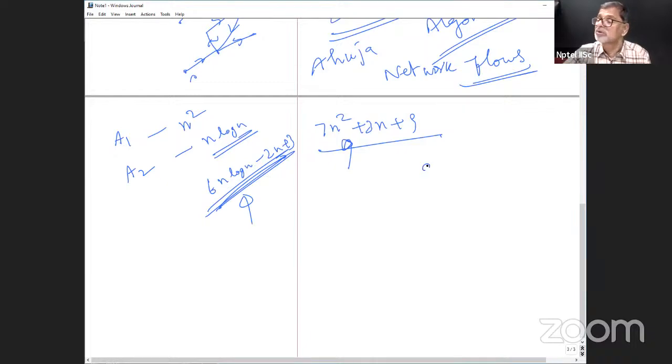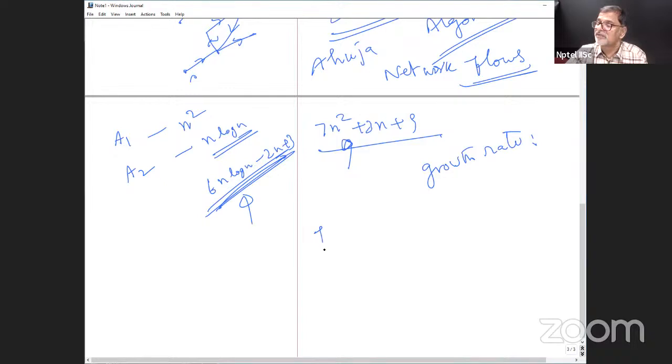That is called the growth rate. Growth rate is how fast it becomes bigger, as n becomes larger and larger, how big f of n becomes. Different functions will become bigger at different rates. So what we are going to do is compare the growth rate.